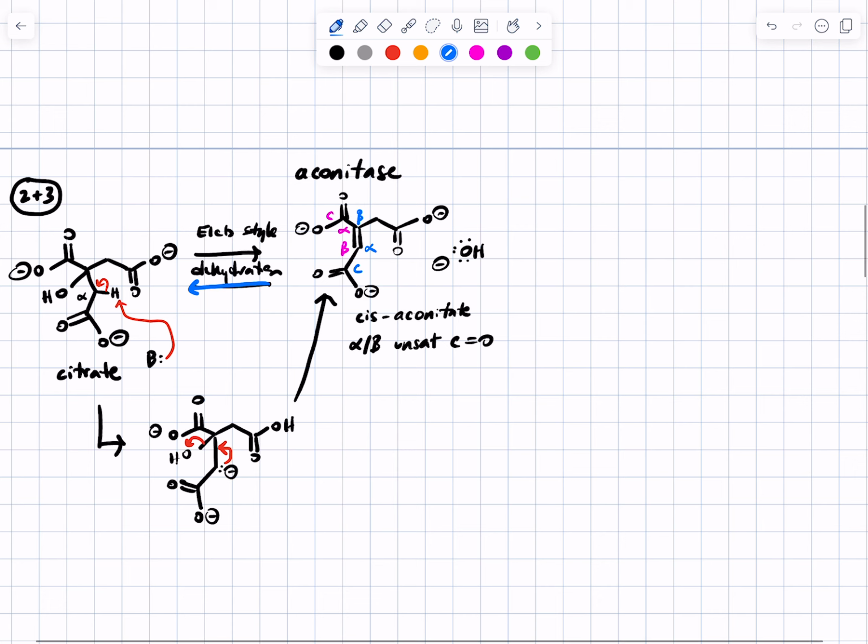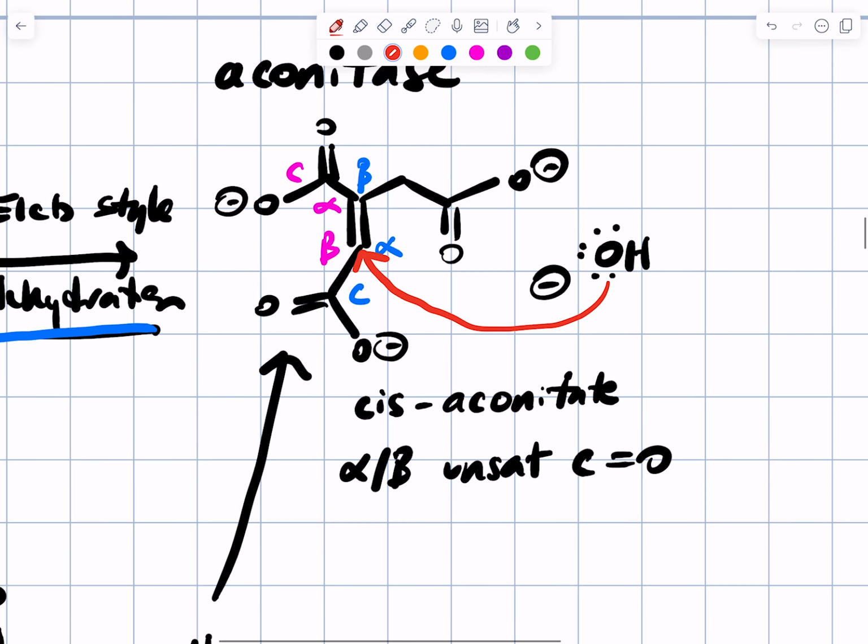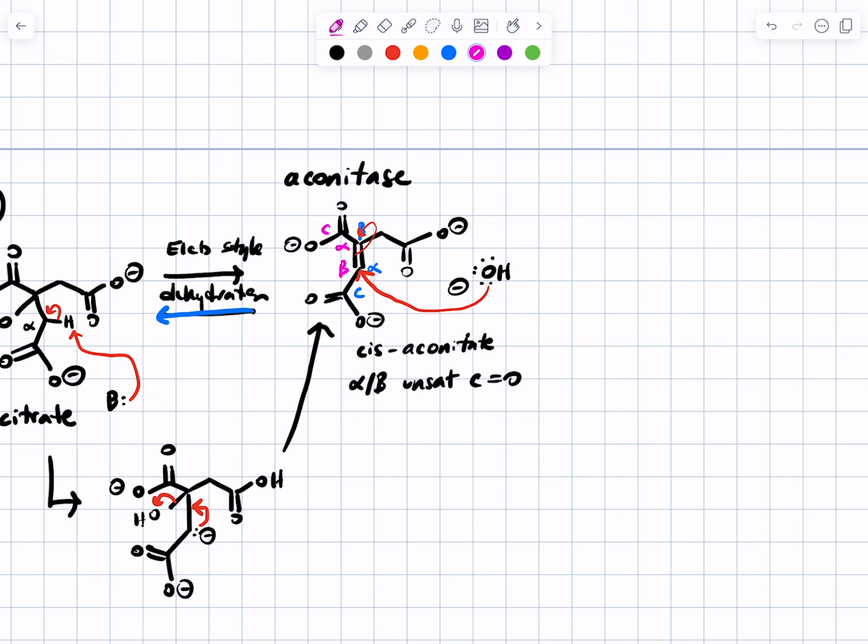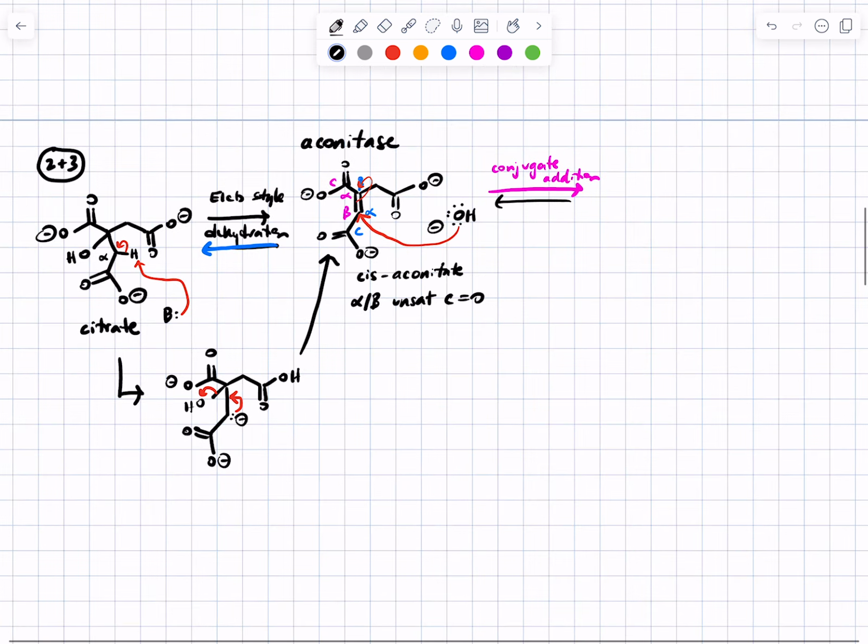In contrast, if hydroxide attacks the pink beta carbon via a conjugate addition step, then we're going to generate the following intermediate that looks like this, with a negative charge on the pink alpha carbon.